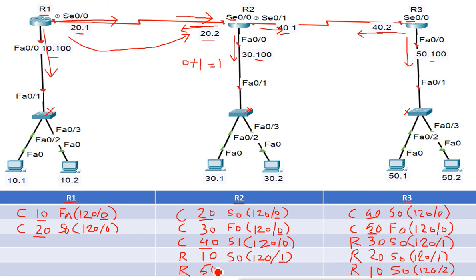The information is coming from this interface, serial 0/1. The AD value is 120, and it is sending 0 here. The hop count is 0, so it adds 1 into it, it becomes 1 here.